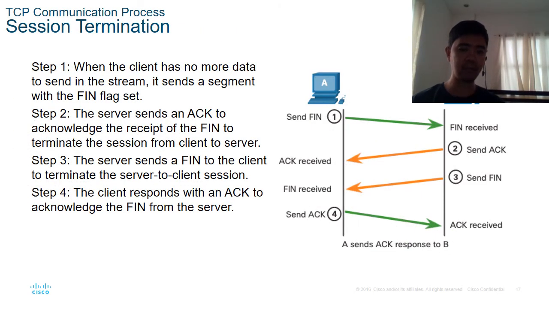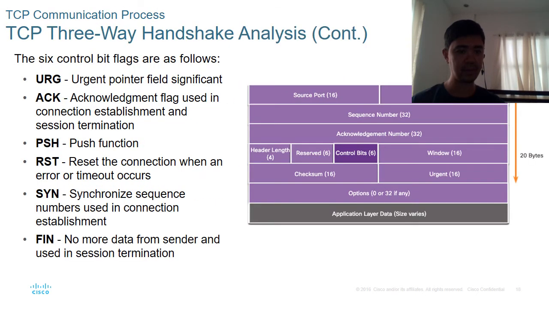And then after data transfer, the connection is terminated, similar to the three-way handshake. It sends FIN and then acknowledges again. So again, we call it the three-way handshake. These are the specific flags, added information to take note of under the three-way handshake.